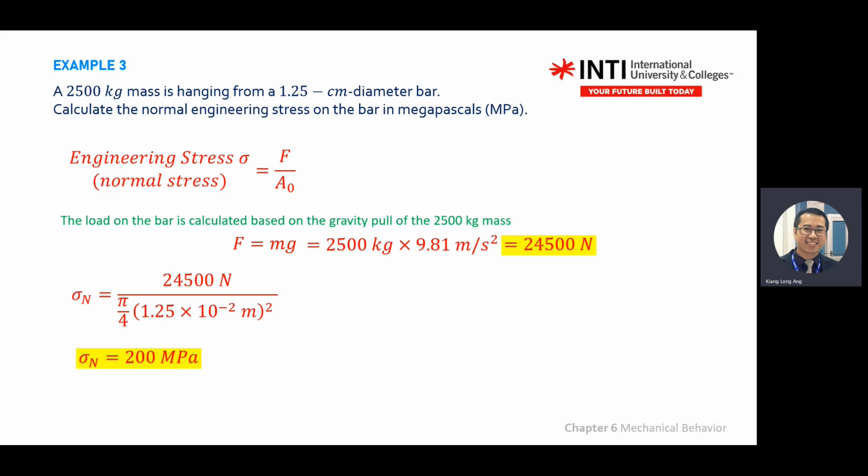Because they are asking for the diameter of the bar. A bar is a long shape; it can be square shape but long, it can be cylinder also. But here it gives you diameter, so in this case it is round shape.